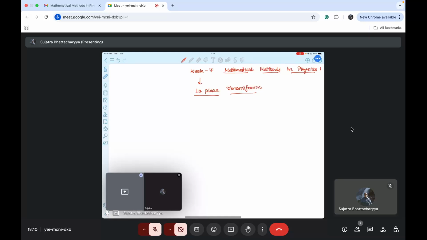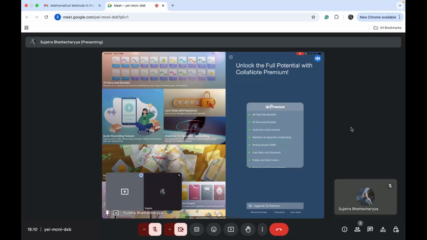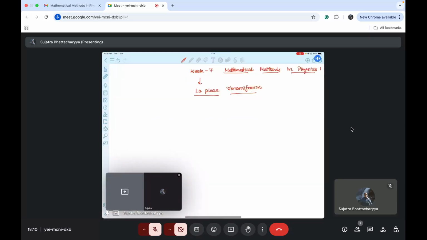Okay, so let us first define what the Laplace transform is and what its use is. The use of Laplace transform is in analog electronics, where you have an operational amplifier, right? You have a differentiator circuit, you have an integrator circuit.